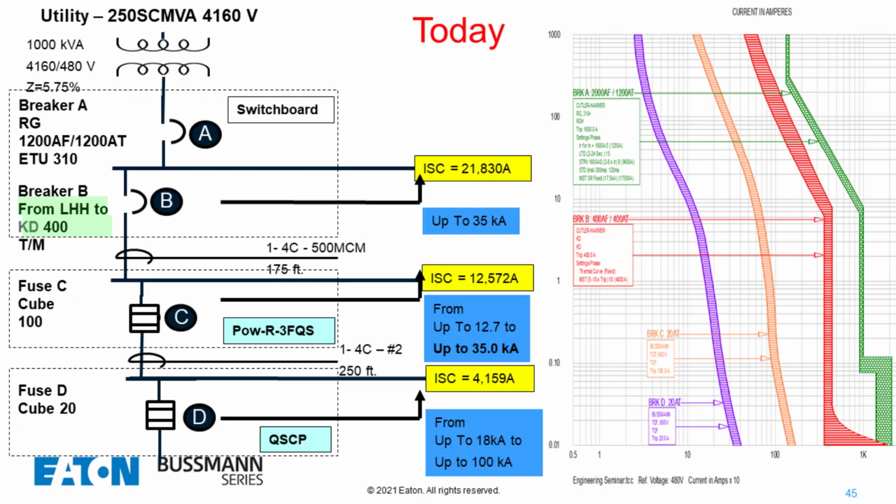And in this case here, the KD 400 and the electronic trip 1200 amp breaker A coordinates up to 35,000 amps, and that's what the charts will show us. Even though it doesn't look like they coordinate down here at the bottom right of the slide, but they do. And that's how we would look at time current curves, right? So we look at time current curves and the charts.